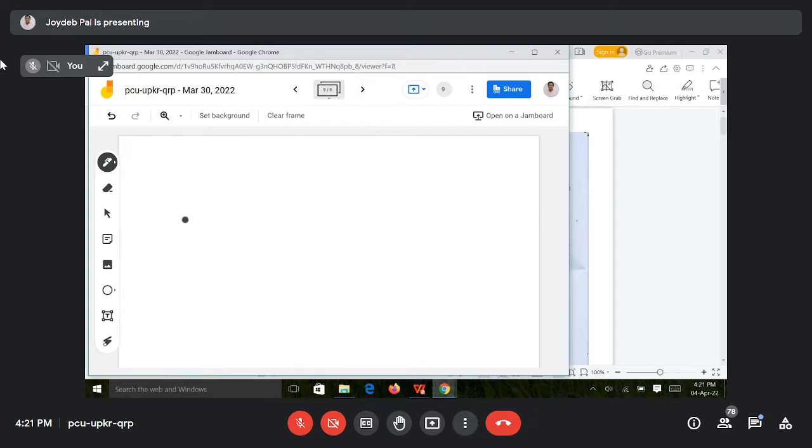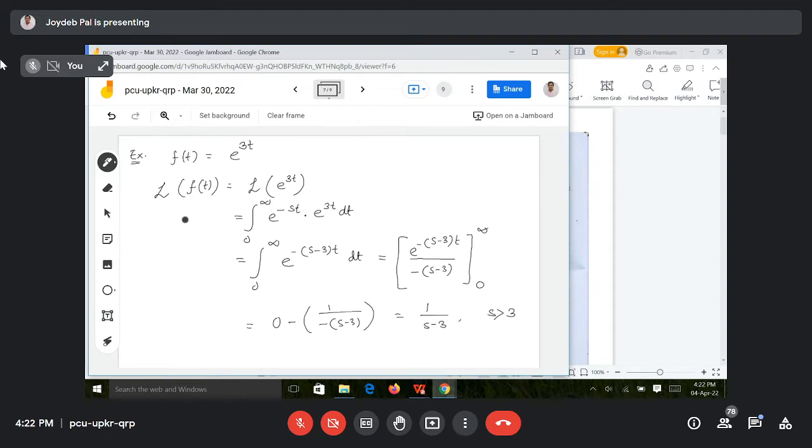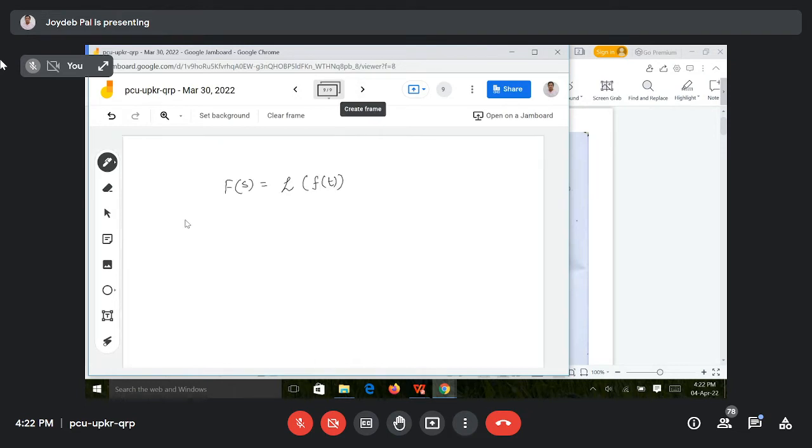Now, as per the notation, we are writing F(s) is equal to Laplace transform of f(t), right? What we can see is that after taking Laplace transform, it will be a function of s. So F(s), which is the Laplace transform of f(t), means after taking the Laplace transform of f(t), it becomes a function of s. That F(s) is called the Laplace transform of f(t).